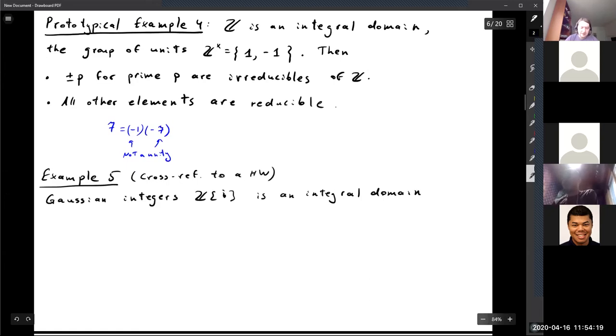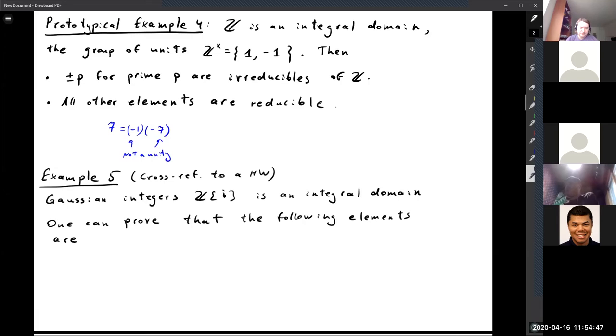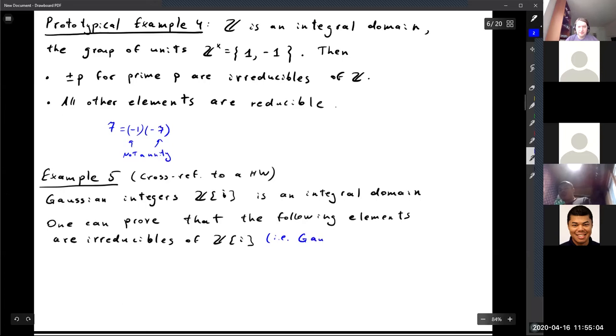There are no zero divisors there. And one can prove that the following elements are irreducible in Z[i], in other words, Gaussian primes.